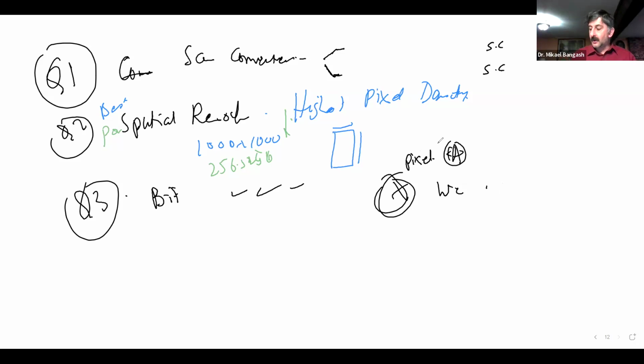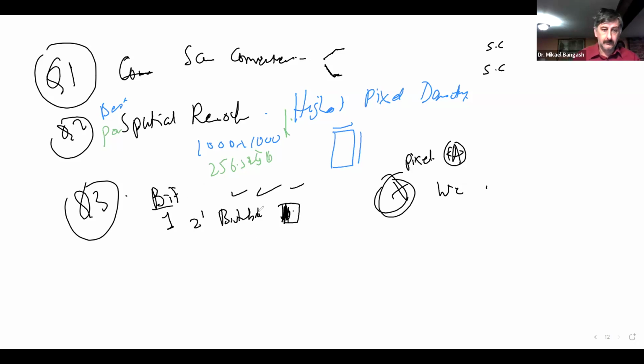But let's look at the ones that are true. Is it bistable? A bit, 2 to the power of 1, is bistable, where we only had 2 shades, black and white.